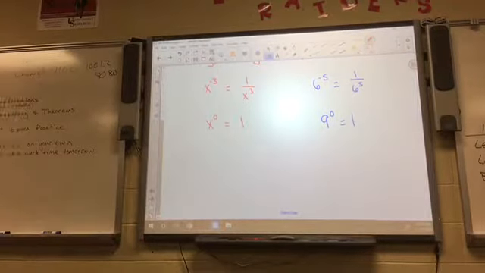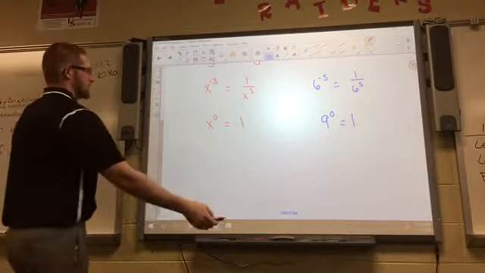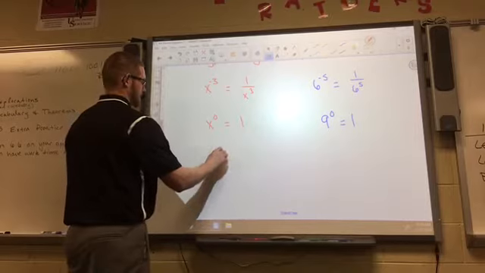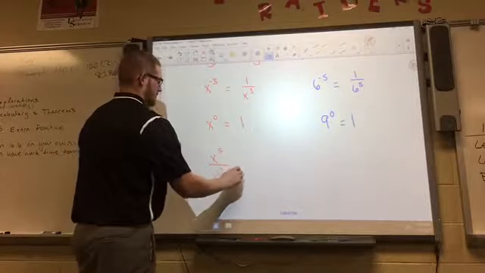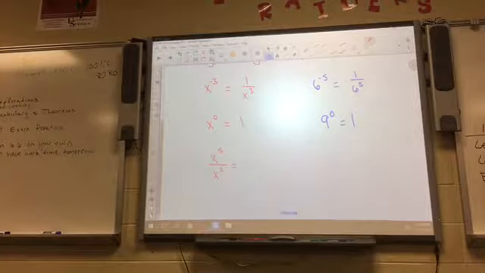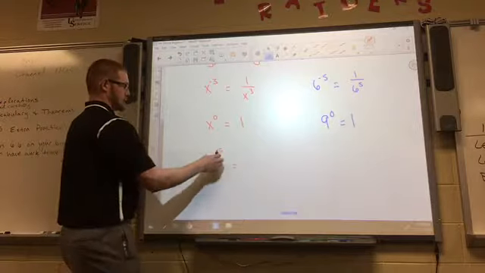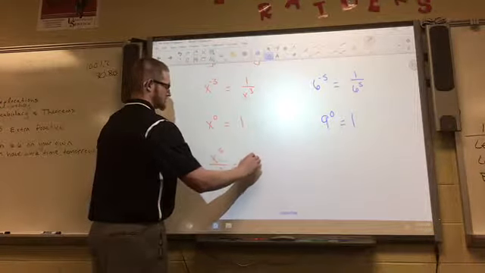The next one is the quotient of powers, meaning I have like x to the 5th over x squared. The other day when we did this, what did we do if we were dividing? You subtract your exponents. So x to the 5th over x squared would be equal to x cubed.